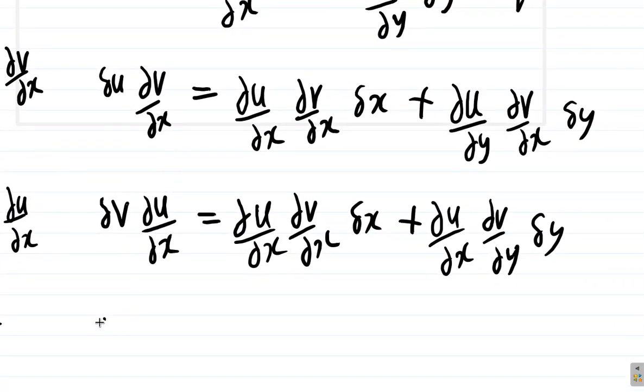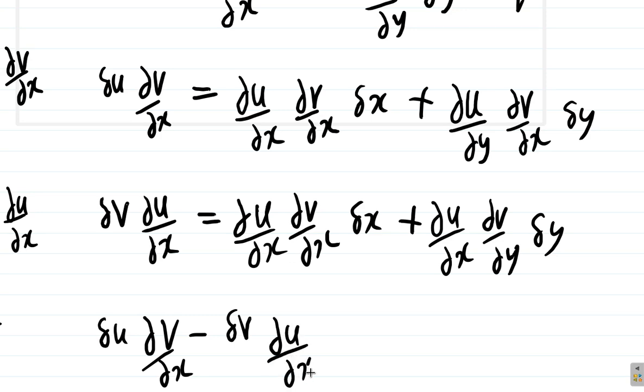So we have change in u times delta v by delta x minus change in v times delta u by delta x. So it's this minus this is equal to this minus this has gone. It's 0. You know it's 0 already.